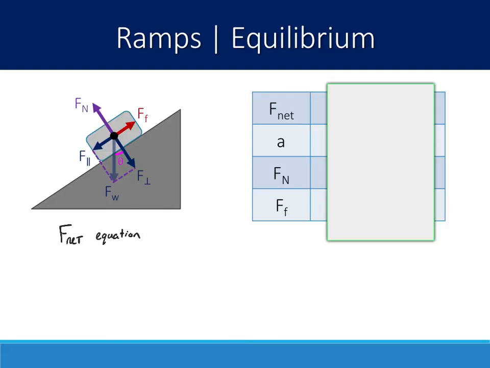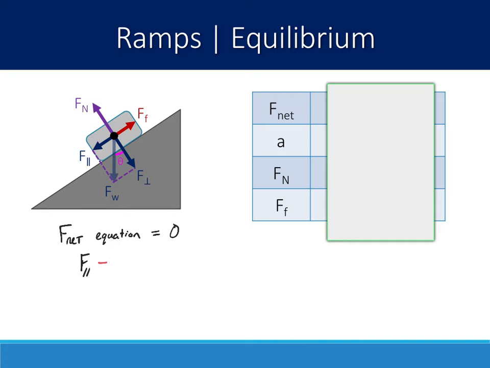We have some ramps in equilibrium. We need to come up with our net force equation. When it's in equilibrium, remember the net force is equal to 0. So our whole net force equation will equal 0 in this case. If we take a look at the forces moving along the ramp, we have a parallel force and we have a frictional force.